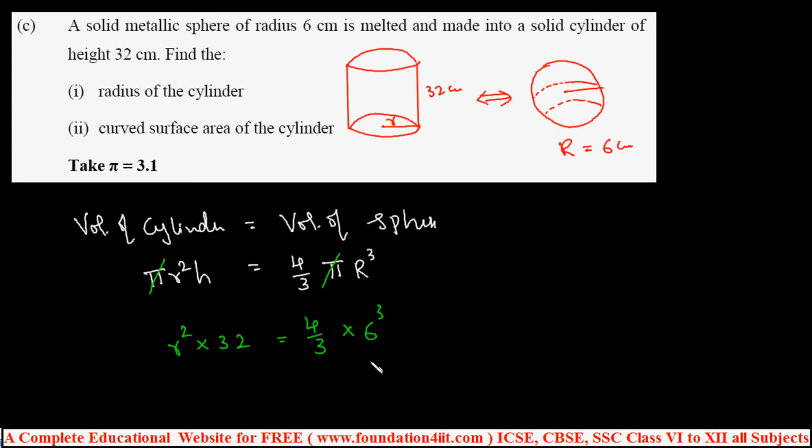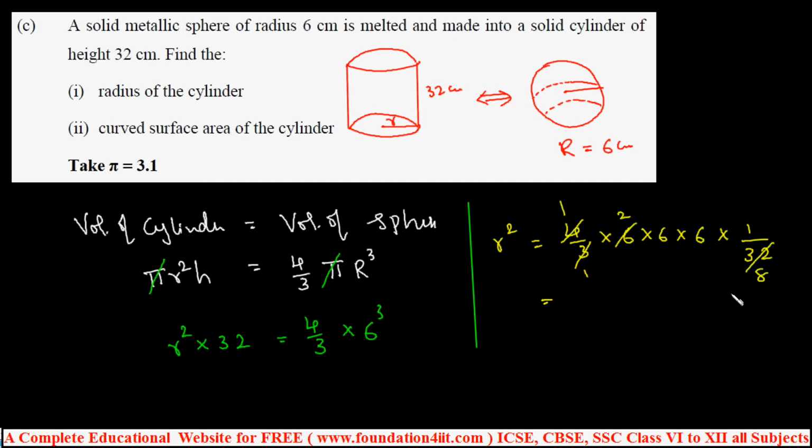So 6 cube. Using this we can find the radius first. That is, r square is 4 by 3 into 6 into 6 into 6. 32 is multiplying, take this side, 1 by 32. Simplify this. 3 ones are 3, 2. Again 4 ones are 4, 8.